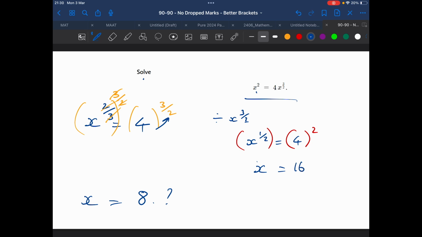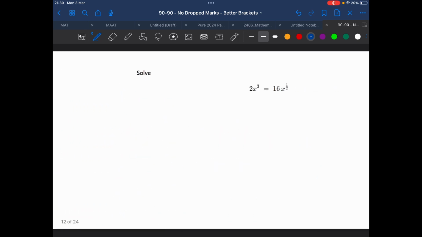Don't forget, what did we do? We divided through by something that's in common, so we should just put 'or x equals 0'. So it depends on the context of the question. Maybe they're going to say that the thing can't be 0, but it could be. So there we go.